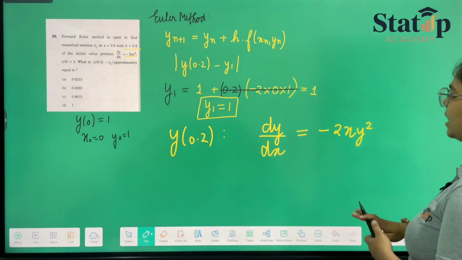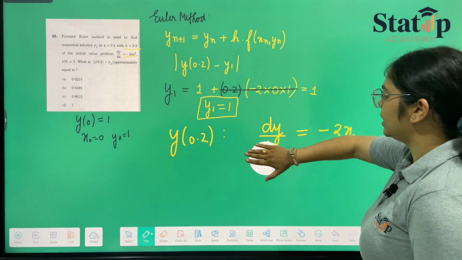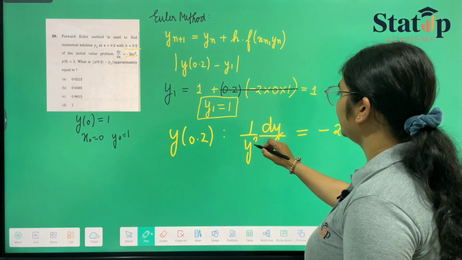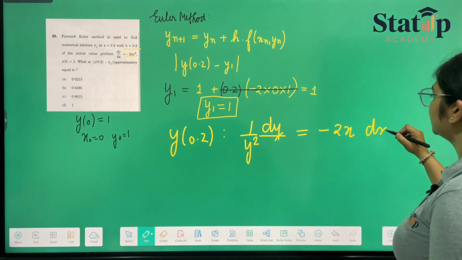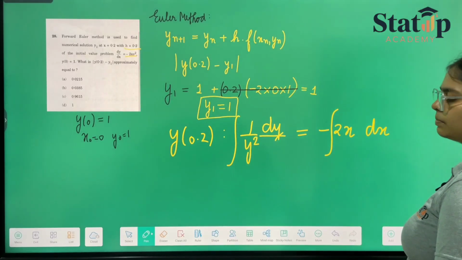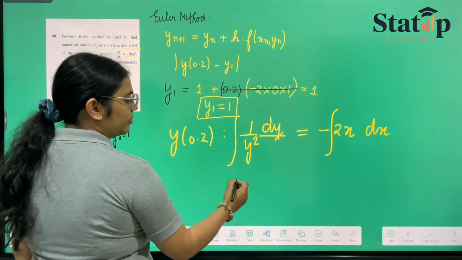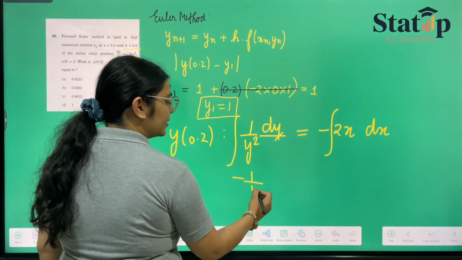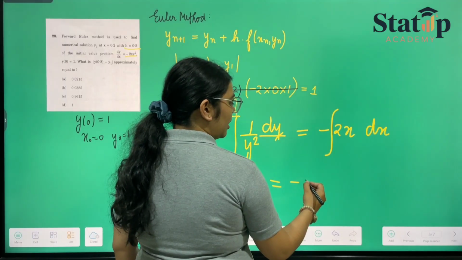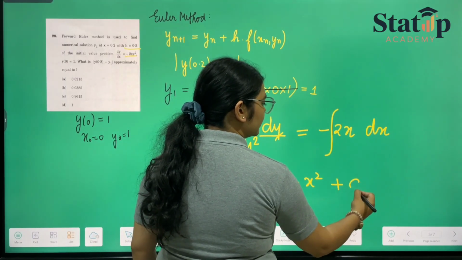We can substitute the terms, so we'll get 1 upon y square dy equals minus 2x dx, and integrate both sides with respect to y and x respectively. The left term will become minus 1 upon y, and the right will become minus x square plus c.